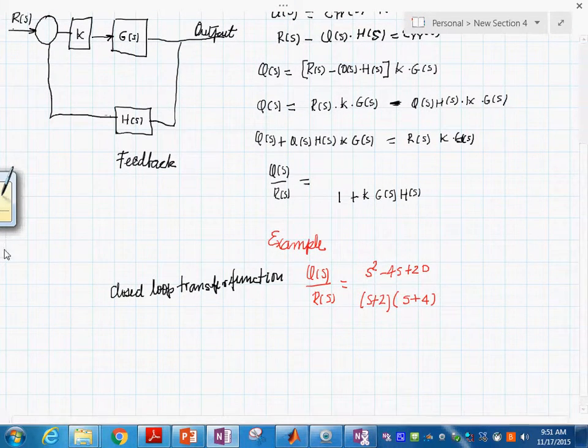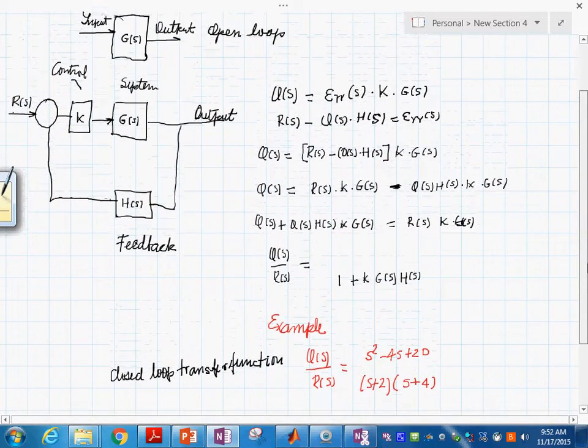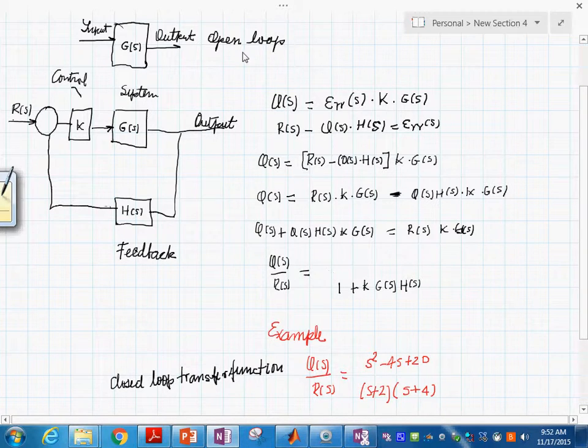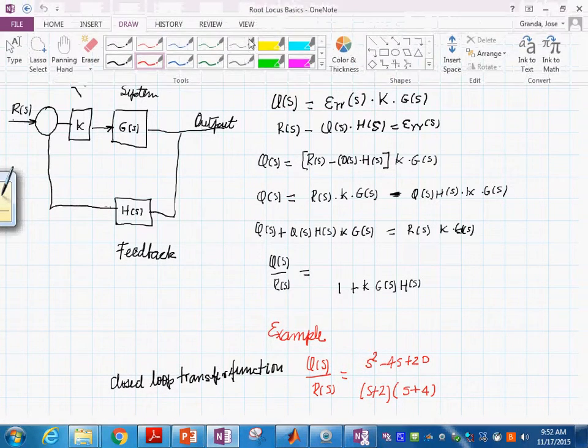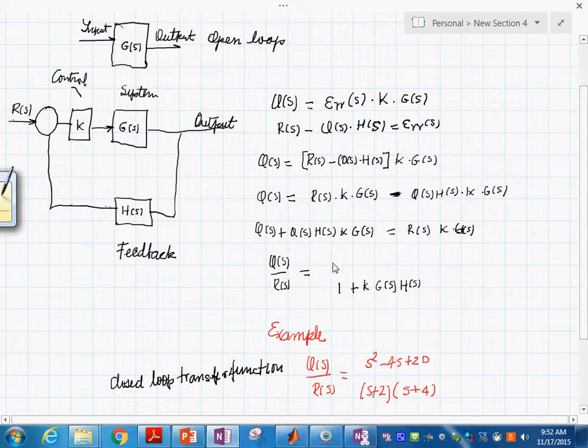what the root locus plot is going to do is take the closed loop transfer function. This was K times G of S, right? So this thing is the closed loop transfer function.